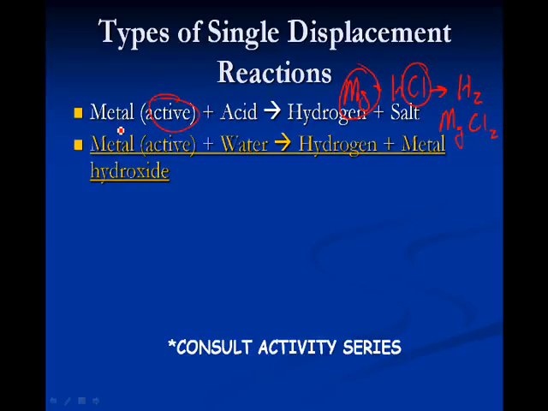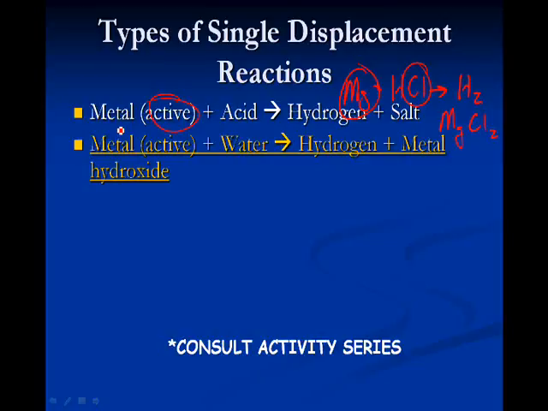magnesium, calcium more so reactive, and strontium even more reactive. So those would be the active metals, the alkali metals, and those lower alkaline earth metals. When they react with water, we get hydrogen and a metal hydroxide.